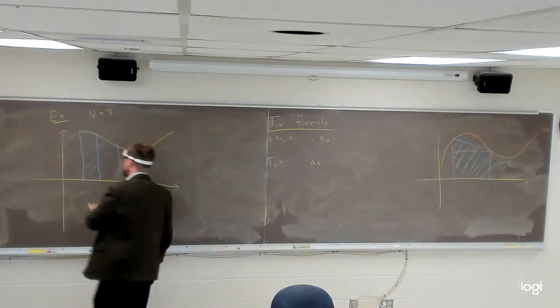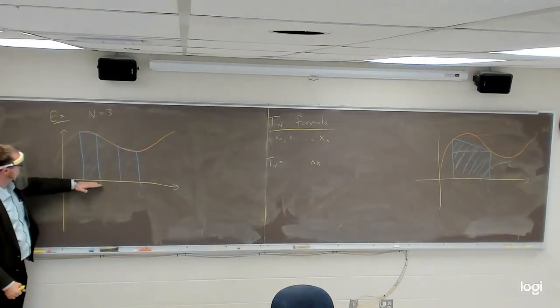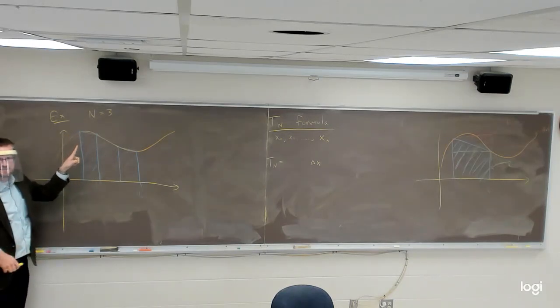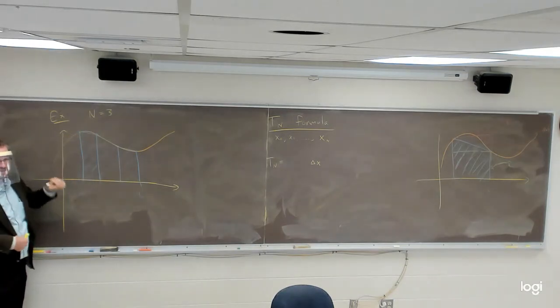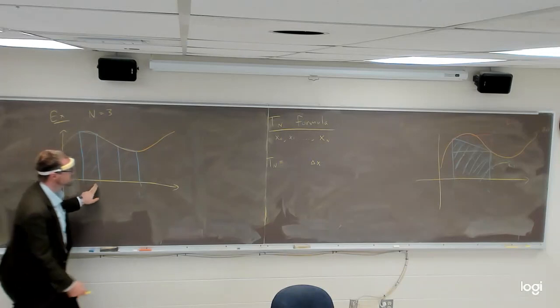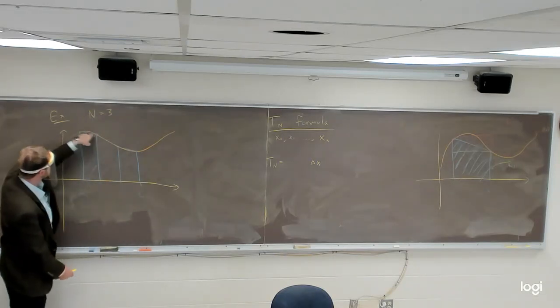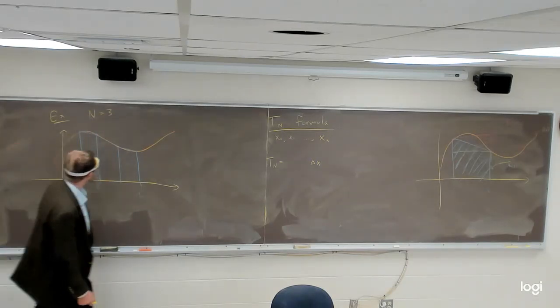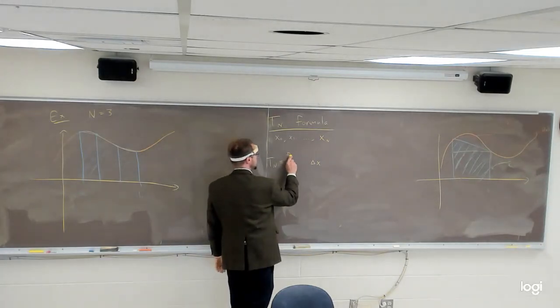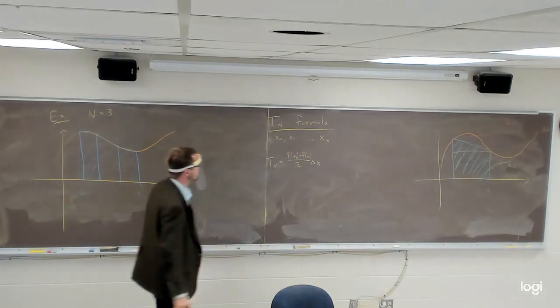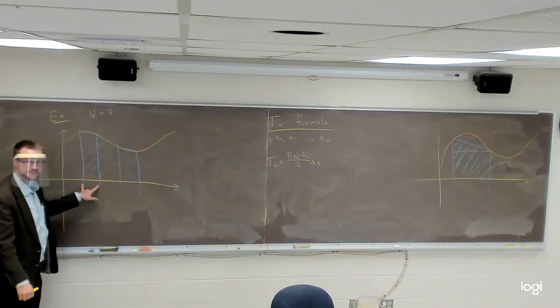One way to express the area of a trapezoid is the base times the average of the heights. Sort of base times height with this averaging sense. So the base is delta x. The average of the heights is f of x0 plus f of x1 over 2. And that's the area of this first trapezoid.